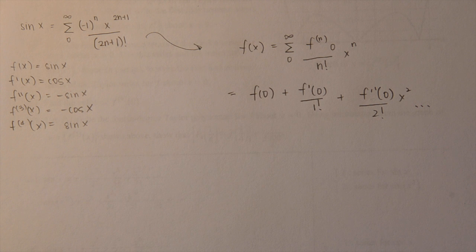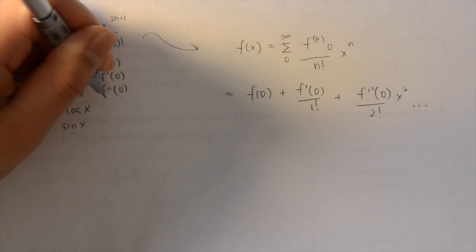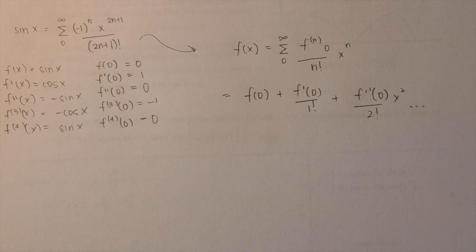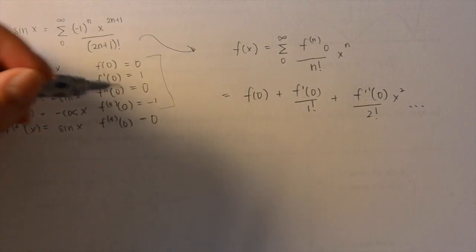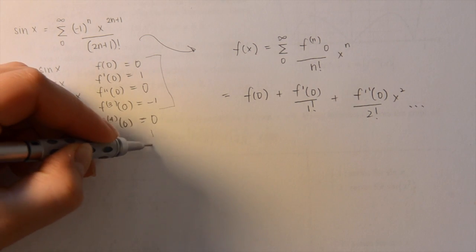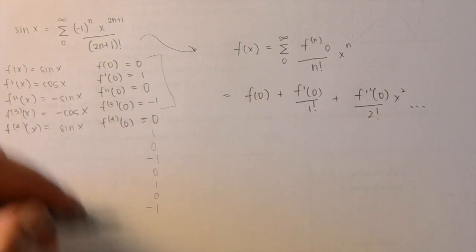Likewise, let's figure out what the function is when it's at 0. If this keeps going, these 4 numbers will keep repeating. So it will be 1, 0, negative 1, 0, 1, 0, negative 1, and so on.